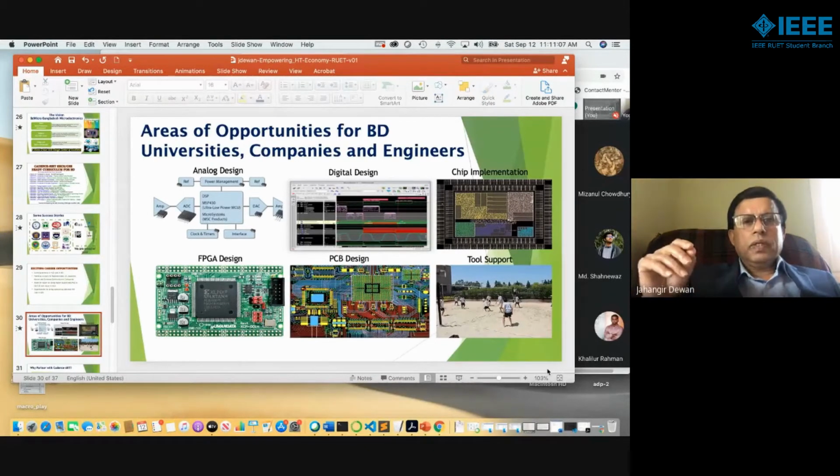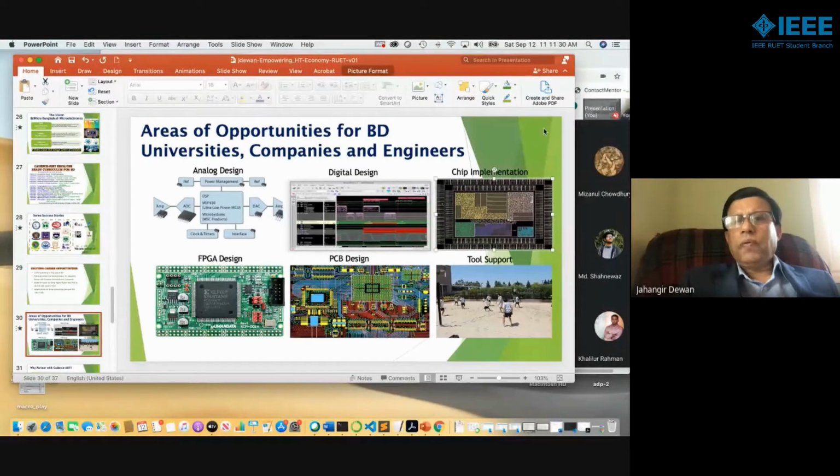Some of the designs are amplifiers, ADC, or many other things like counters. Then digital design is mainly learning the Verilog language, like the C programming language, and implementing using verification as well as designing things. And CPU implementation, which is very hard for India, for Bangladesh.